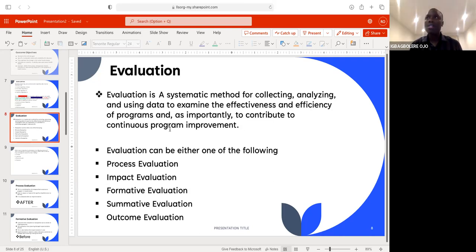You can evaluate communications strategy. You can evaluate advocacy. Your leadership and management can be evaluated. Research can be evaluated. Planning can also be evaluated. So all of the areas of responsibility for the health education specialist can be evaluated.